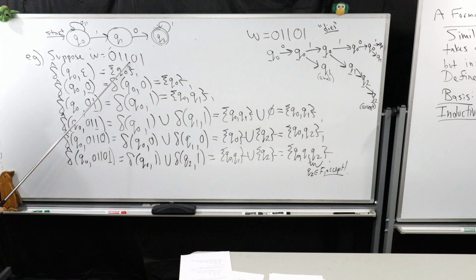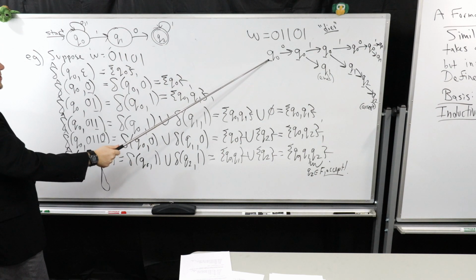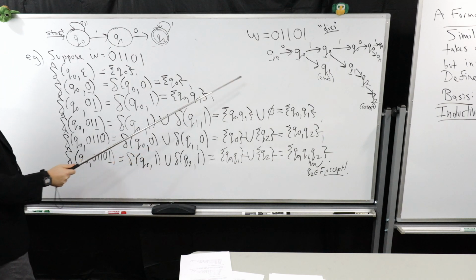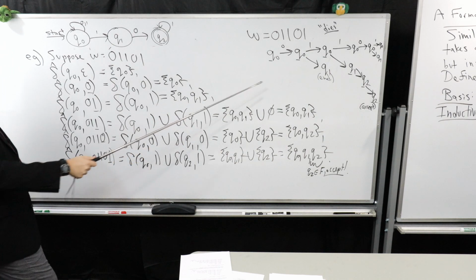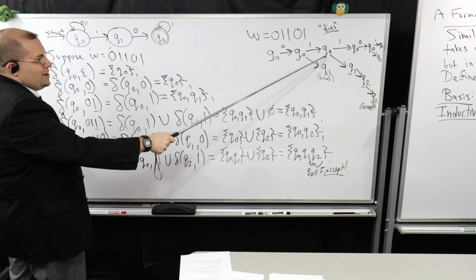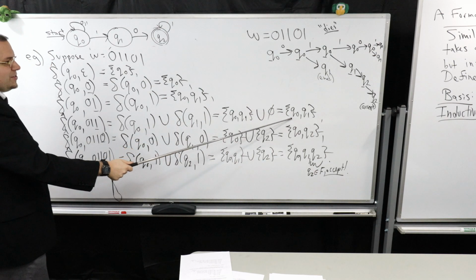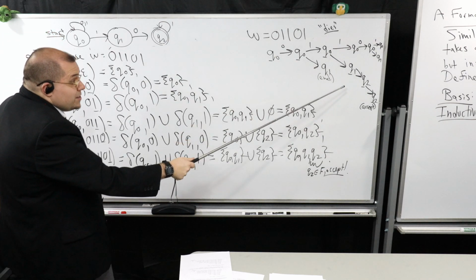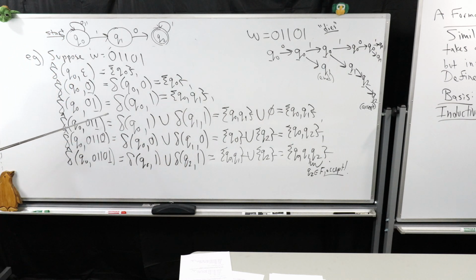If I read Q0 right here, notice Q0 is right there, and right there. Q0, Q1 is right here. Read the column, Q0, Q1. If you read the columns, they match up with the rows of my calculations.